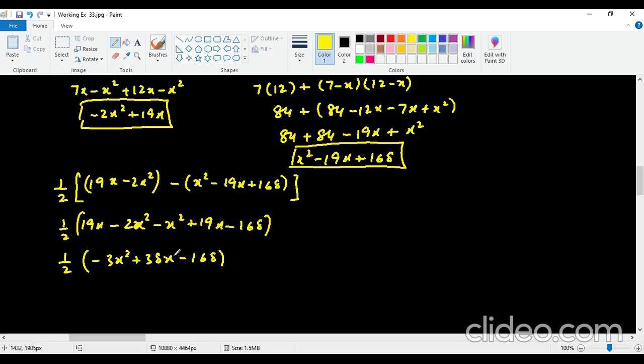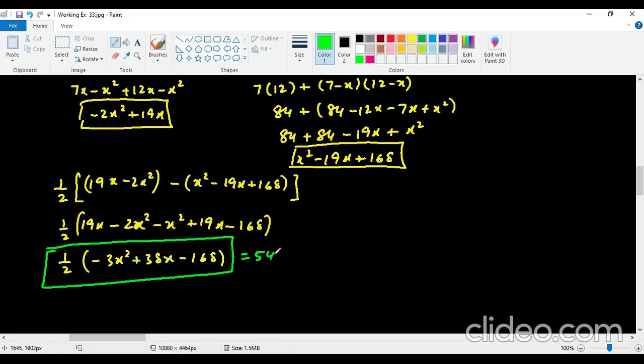This is what we have found as the equation. Now area of KLMN is 54. That means this whole thing is going to be equal to 54.